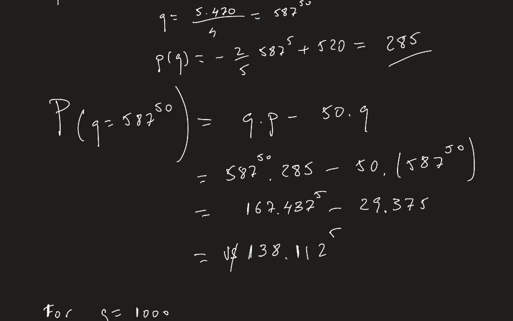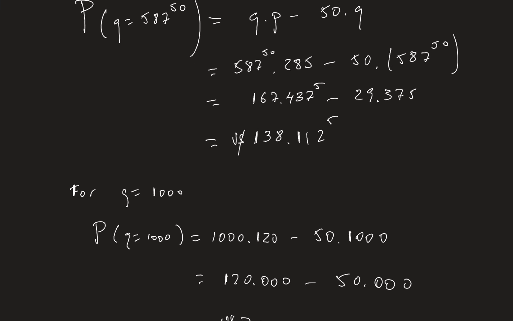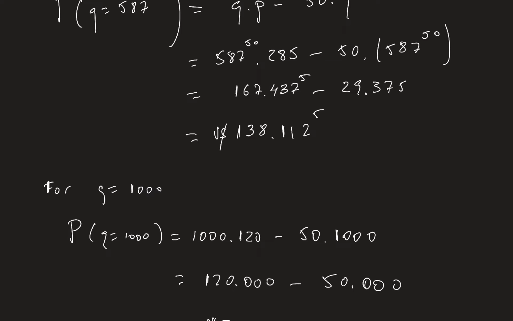If you do the calculation for when you are fully occupied, with 1,000 rooms, the revenue is P times Q: 1,000 multiplied by $120 per room. So the money coming to your pockets will be 120,000.